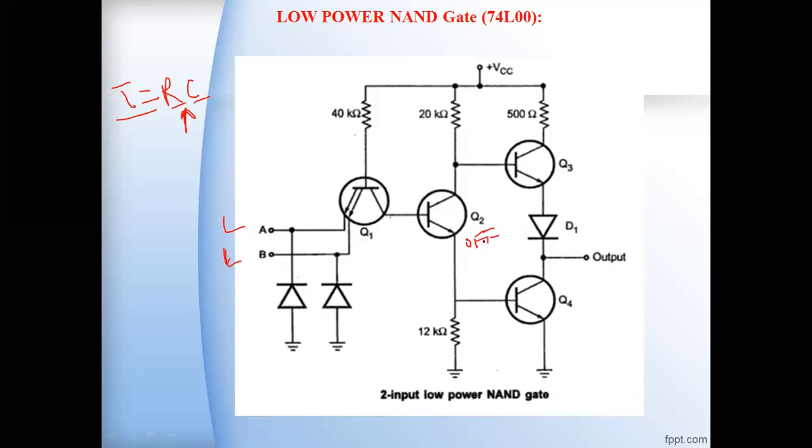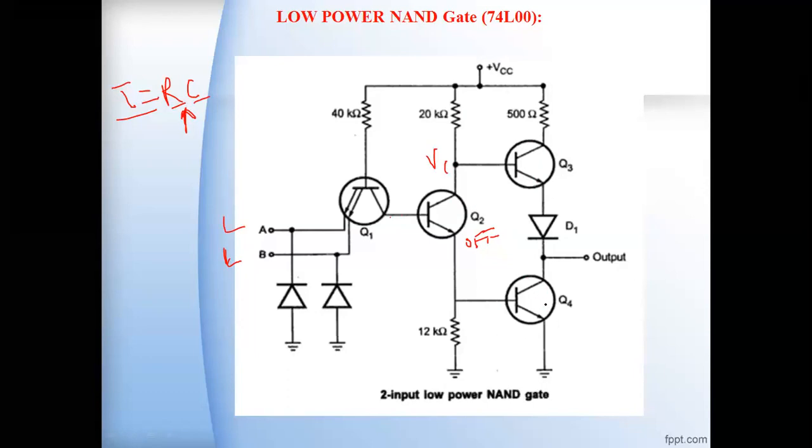So if the transistor Q2 is off, the collector voltage of the transistor Q2 rises to approximately VCC, or a moderate value of VCC. So this collector voltage now drives the transistor Q3. When the transistor Q3 is on, the Q4 will be off. How will this transistor Q4 be off?